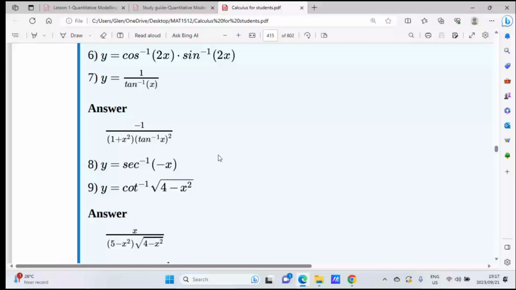I got negative x all over root 4 minus x squared times 1 plus, in bracket, 4 minus x squared squared.